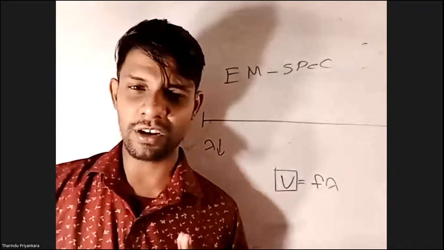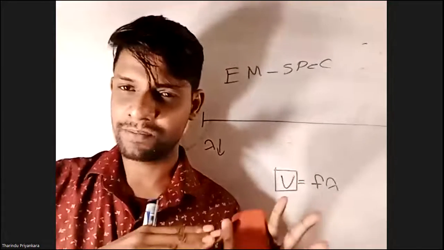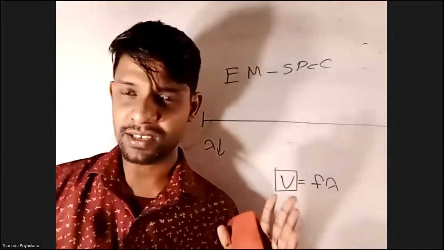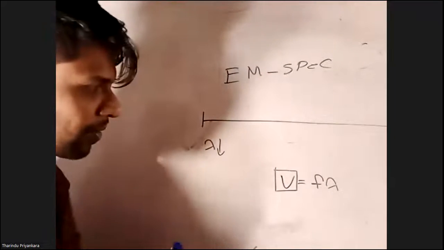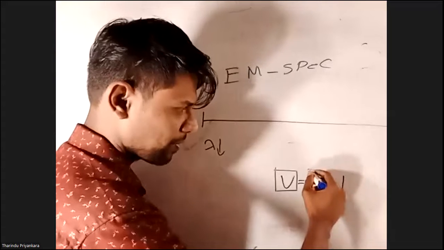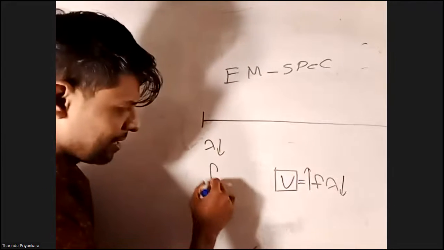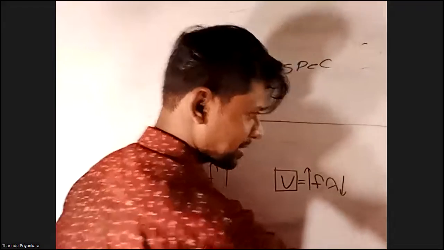It's a universal constant in empty space, that means in a vacuum. So if you vary the wavelength, when the wavelength is lower, the frequency is higher. You have the highest frequency here and the lowest frequency on the right-hand side.